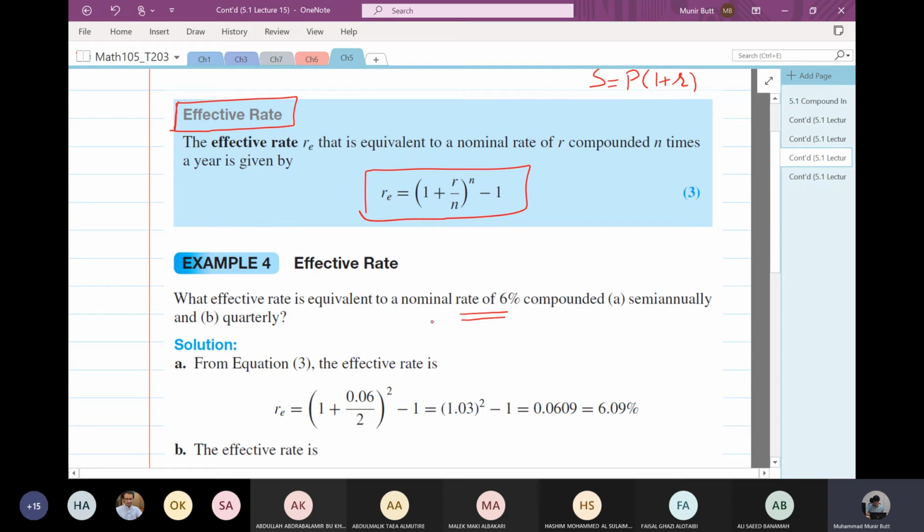So you have to find the effective rate, 1 plus R over n, but you have to make sure that what is required and what is given are in the same terms. So this 6% is given again as a nominal rate. Nominal means in 1 year, in a year. Agree?